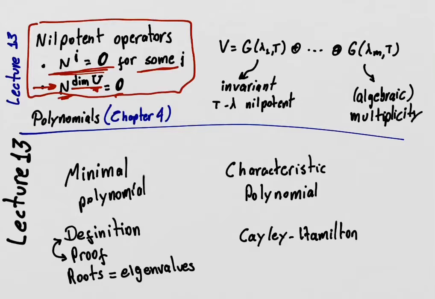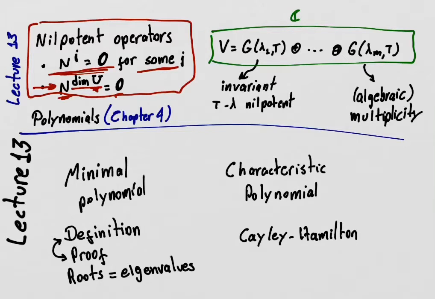We also had from lecture 13 that any complex vector space can be decomposed as the direct sum of generalized eigenspaces. It's a direct sum because generalized eigenvectors are linearly independent, and we also know that each generalized eigenspace is invariant under T, so we can restrict T to that subspace.